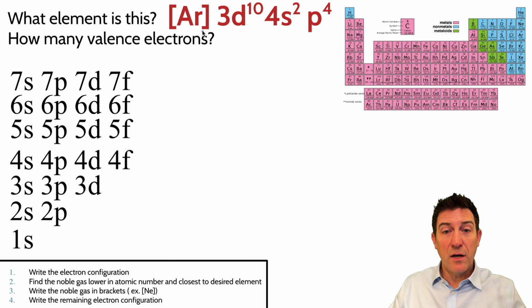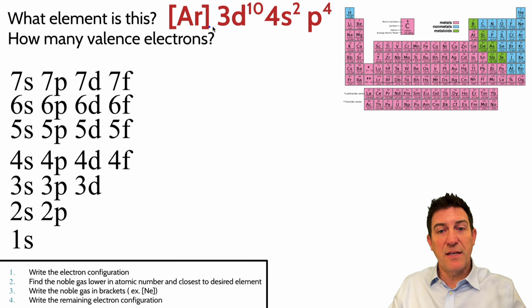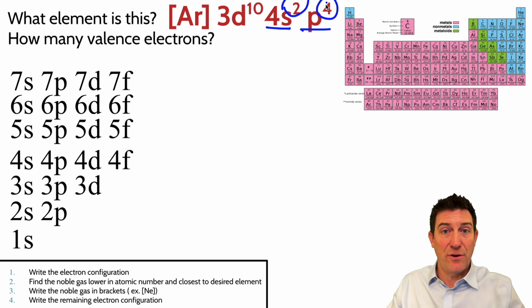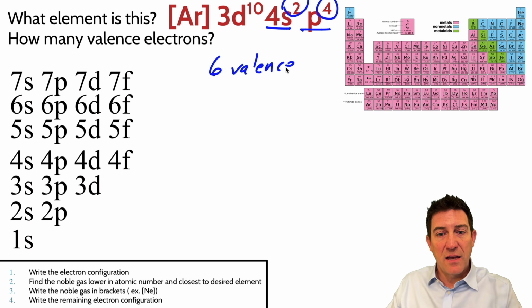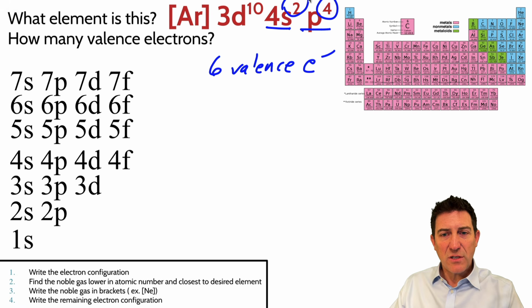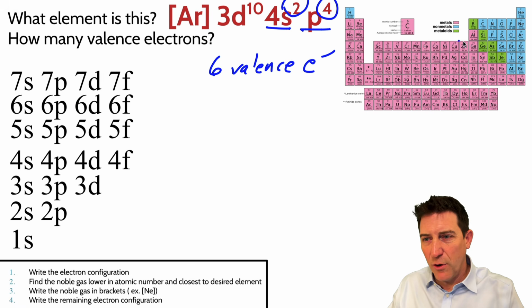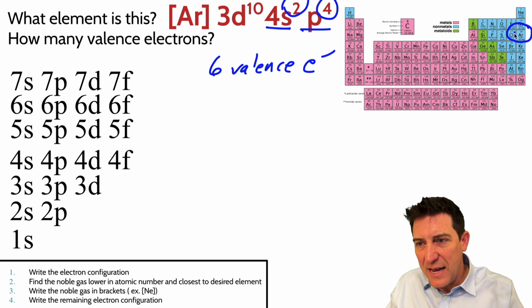And last one, let's go. We have argon. And then we can see everything that's after the noble gas. The highest energy level is the 4th energy level. So whatever element this is, I don't even know at this point, it has 6 valence electrons. And if we just kind of work our way back through this to find out which actual element it is, we go over here to argon. Argon has 18.